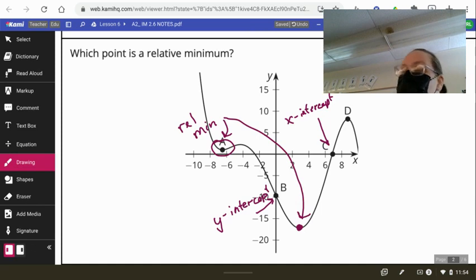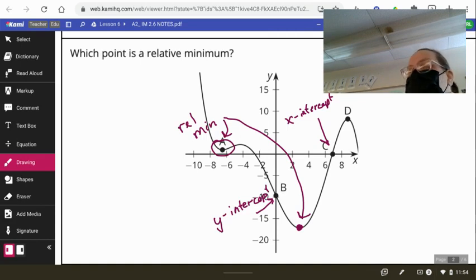Wait, if there was another point on X or Y, would those be the relative minimum? Can you say that again? Like if A was on X, would C and A both be relative minimums?